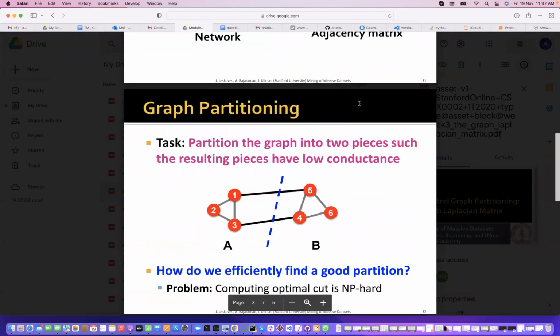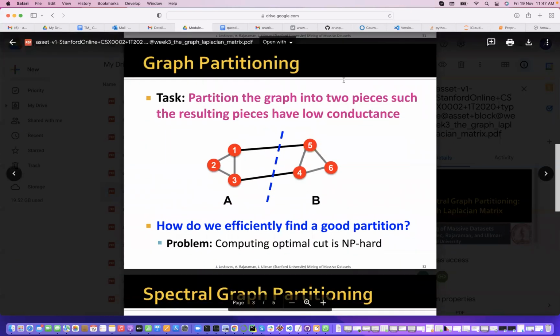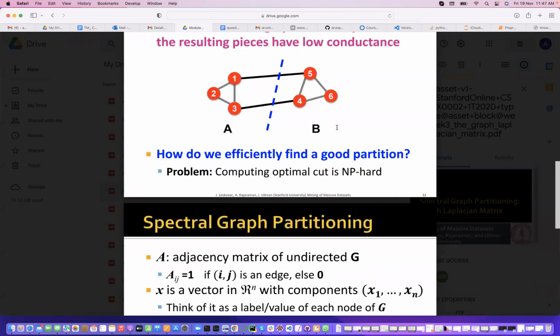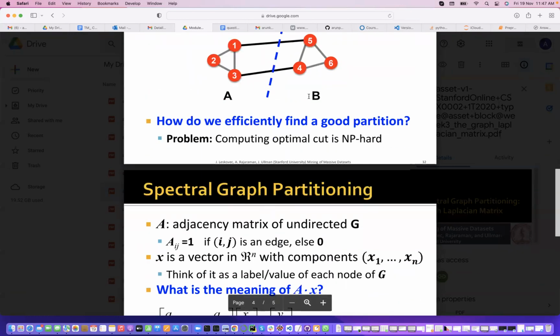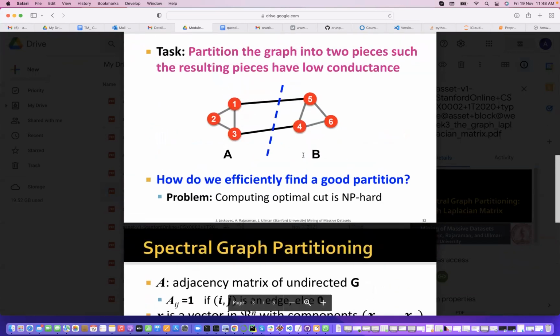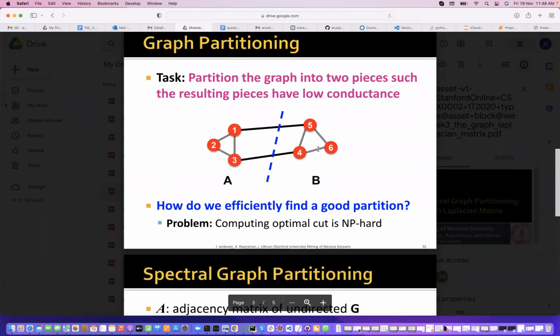But anyway, we are not using it; I just saw this matrix, that's why I am bringing up that analysis. Okay, graph partitioning is the task to partition the graph into two pieces such that the resulting pieces have low conductance. Just now we have seen the same thing, taking the low conductance partition. How do we efficiently find a good partition? If graph is given, we understood there is a concept of conductance.